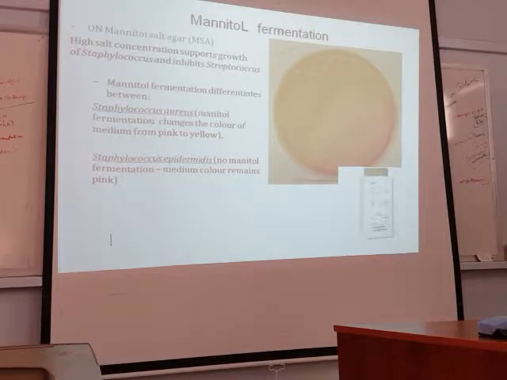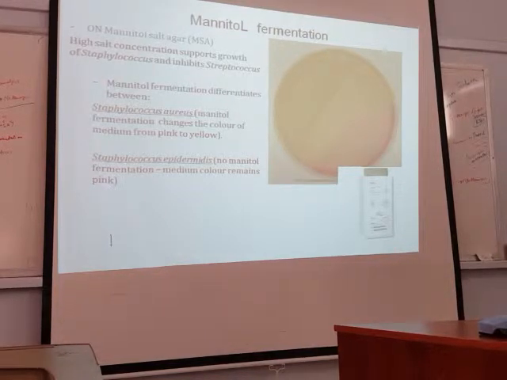Here, when the color is changed, it is because of a change in the pH. When it ferments the mannitol, the bacteria produce lactic acid. Bacteria can produce acid, bacteria can produce neutral compounds. When bacteria produce an acidic compound, lactic acid, any kind of acid, this acid is produced in the surrounding media.